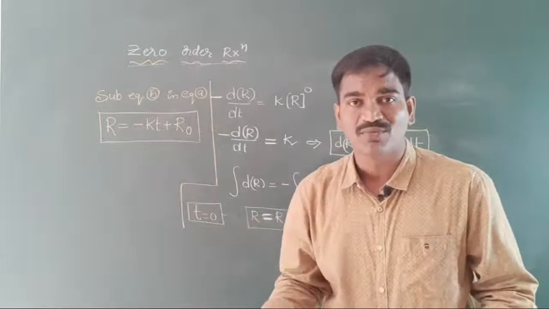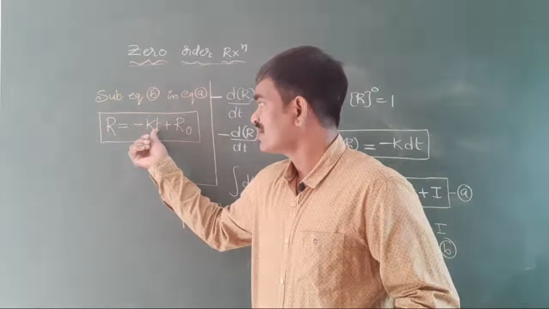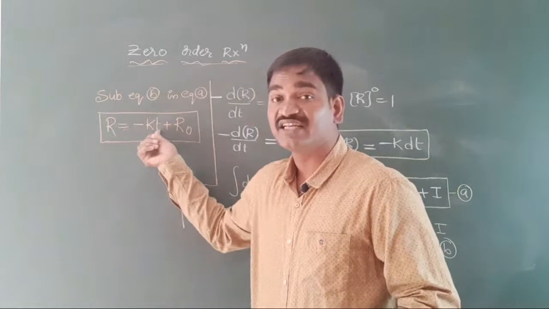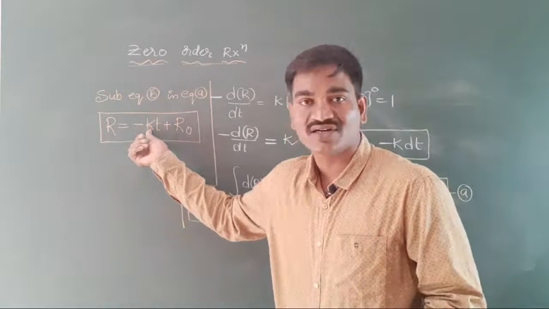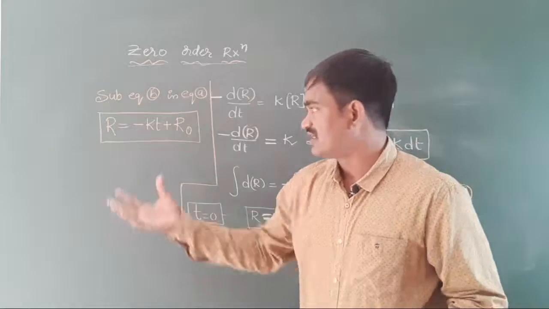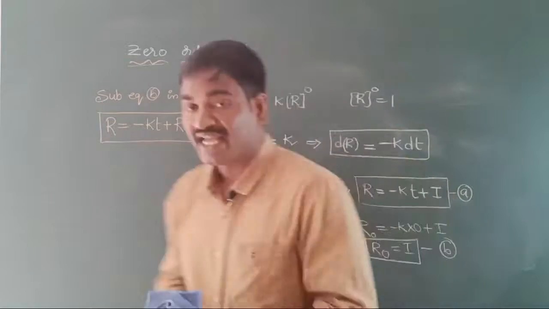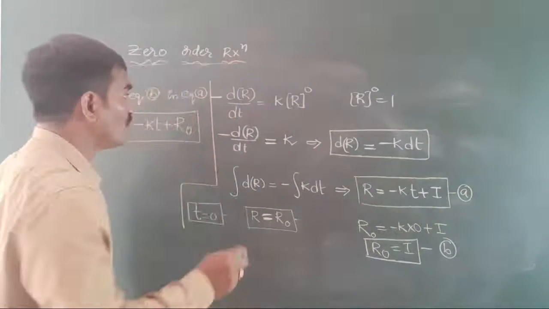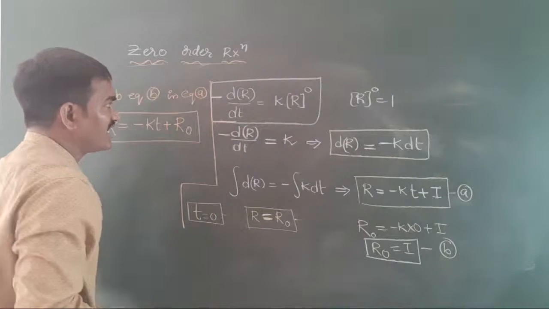We don't have any problem here. So simply, R is the remaining concentration of reactants after time t, R naught is the initial concentration, and k is the rate constant. We don't have any difficulty here. So the integrated equation we derive from the differential equation. Again I am going to explain here. Focus one by one. First I am taking the differential rate equation.